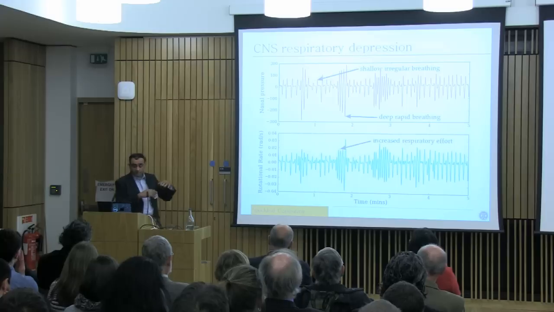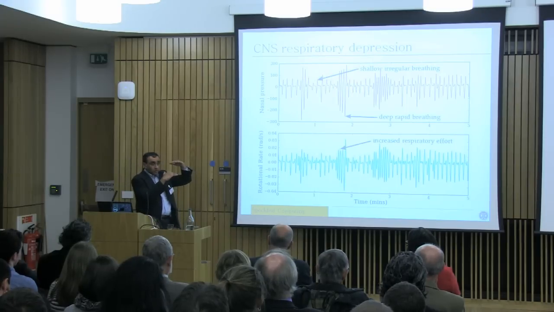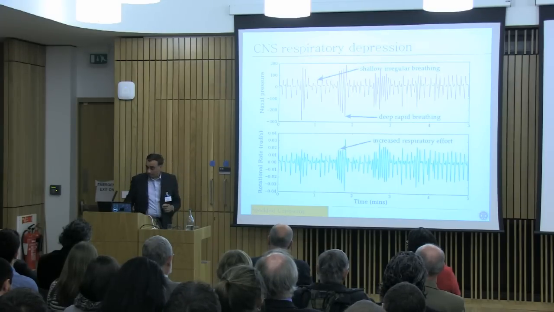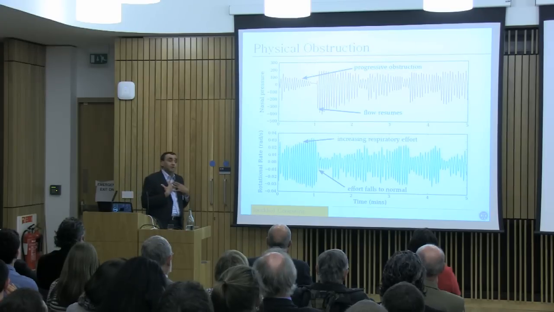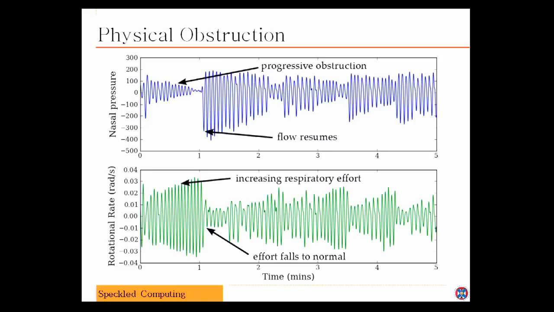By combining the two, we're able to show that due to central nervous depression, both of them go down. In the case of a physical obstruction in the upper airways, which could have a number of different causes, we're able to demonstrate that the effort is being made in the abdomen, but there is no gas flow coming out.